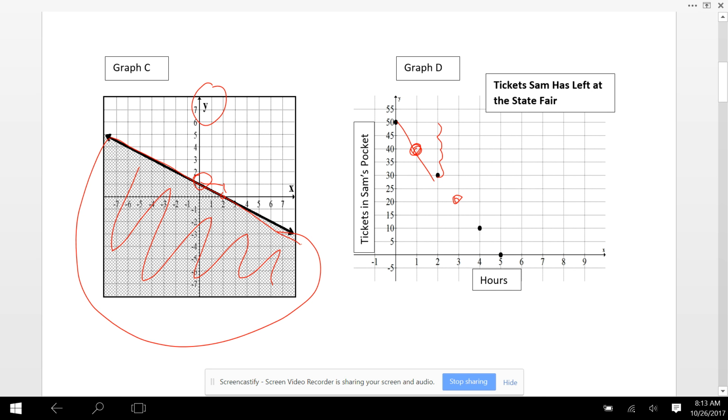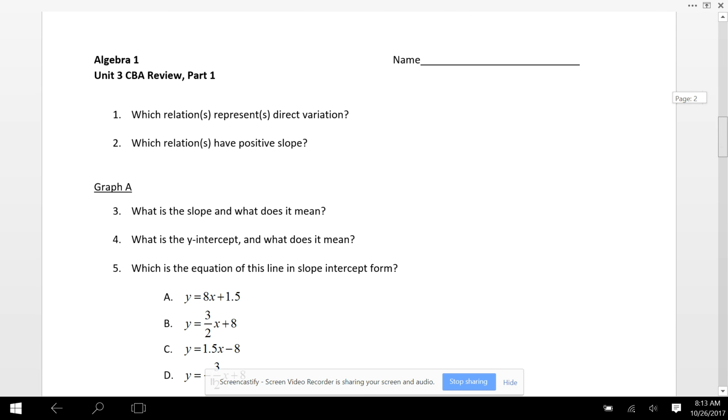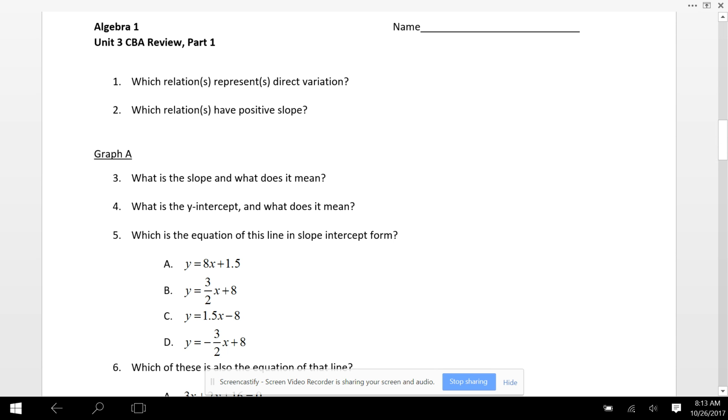Okay, so now I'm going to slide down here and I'm going to fill in the answers with you. All right, so direct variation was B, has to go through the origin.